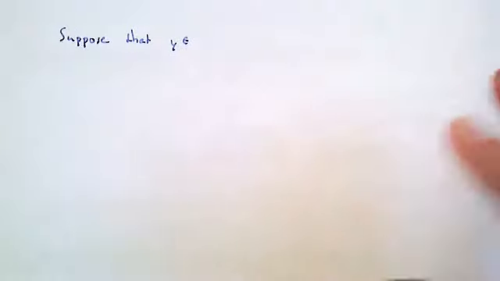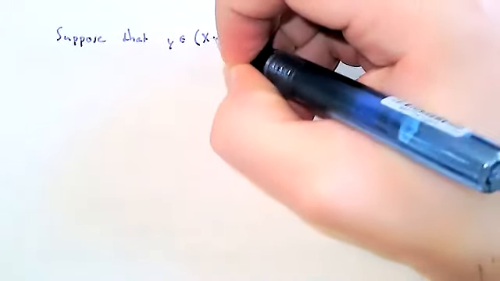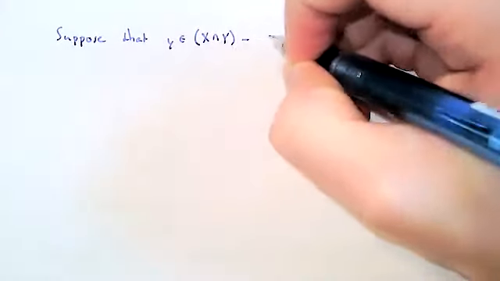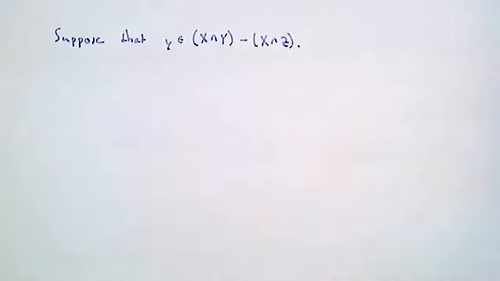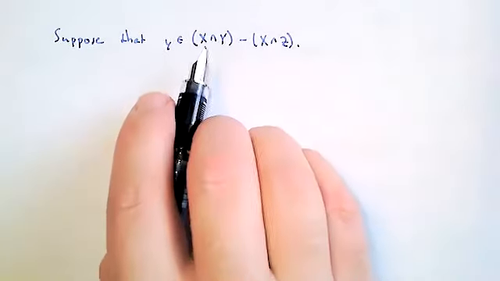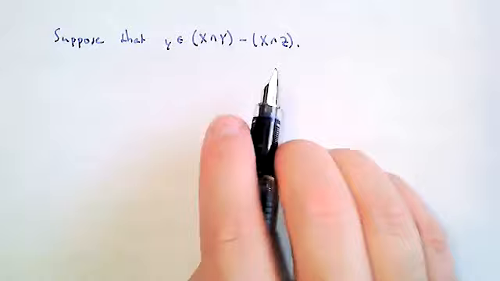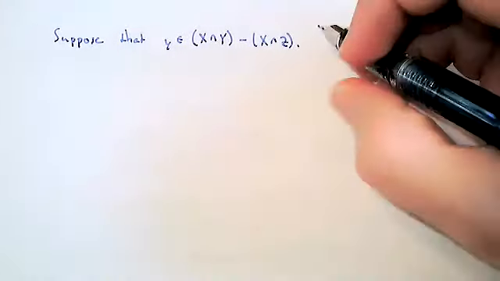So we're going to suppose that y is an element of X intersect Y minus X intersect Z. That means y is an element of this intersection and not an element of this intersection.